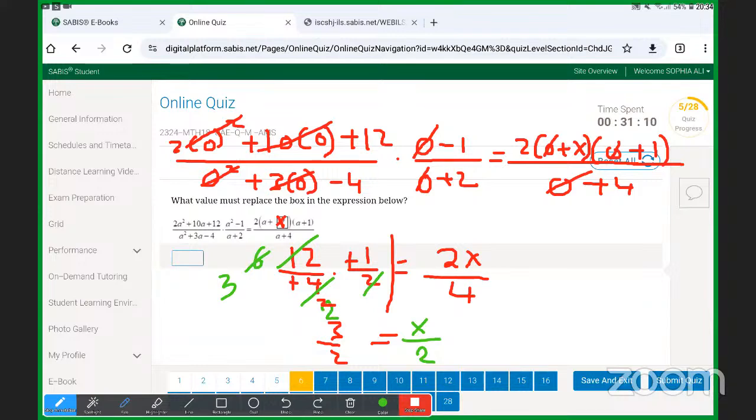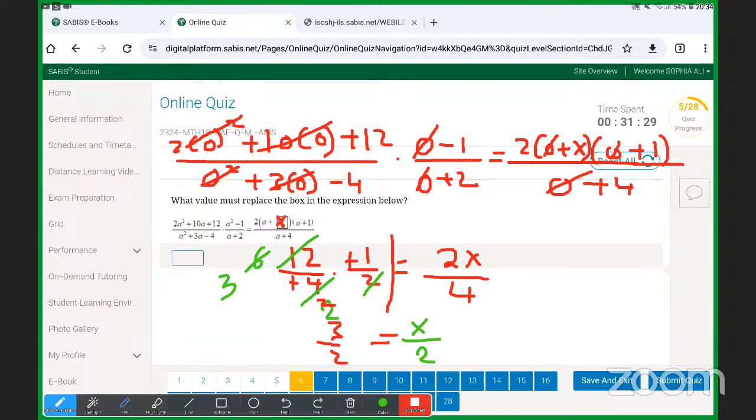Great. So it's becoming very easy. 3 over 2 is equal to x over 2. I need to know x.